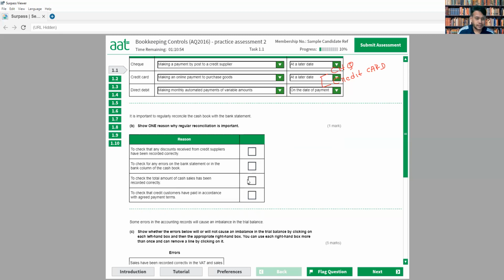To check for any error on the bank statement or in the bank column in the cash book. If there is any error between the cash book column and the bank column, you can find it out.